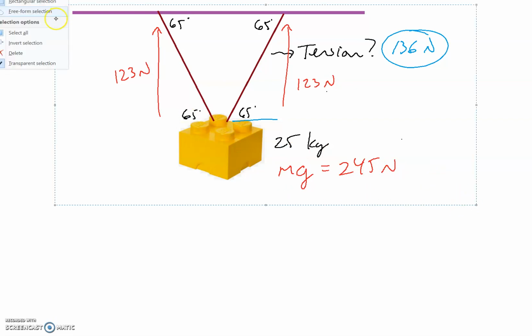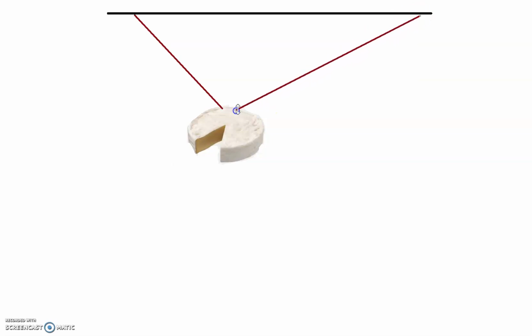Let's get rid of this. All right, so here, let's crack out our wheel of cheese. And let's get a top part here like this. And we're going to make this one not symmetrical and see how that works. So again, supporting our wheel of cheese with two ropes or cables.